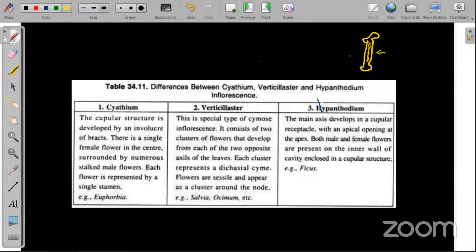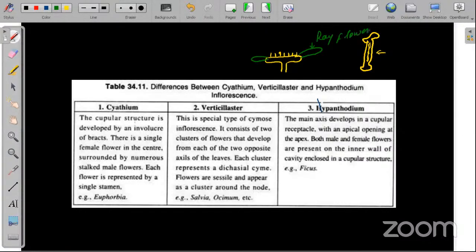So what is meant by capitulum? Capitulum is a type of inflorescence where the pedicel is flattened, and this pedicel contains small sessile flowers on its flat surface, with other flowers around them. This is known as the ray flower.